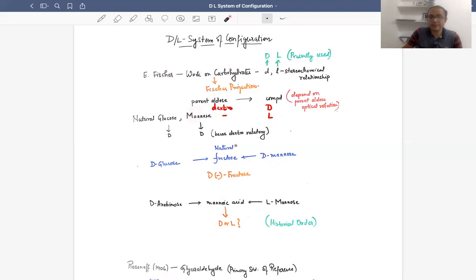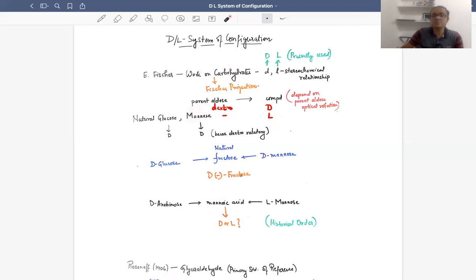So therefore, since the parent aldoses are D-configured, fructose was assigned to have a D configuration. Now, this is a sugar, a monosaccharide. Okay. And when they measured its optical activity, it was levorotatory in nature. So if it is levorotatory, according to Fischer's definition, it should be the L. Okay, if it is minus, then it should be placed under the L family.